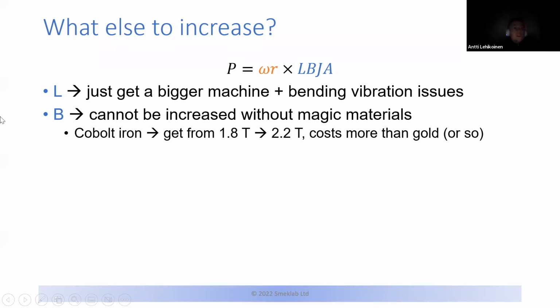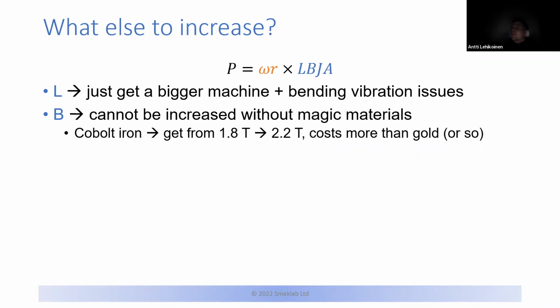Well, it's something that you simply cannot increase because the flux in the air gap of the machine, remember this is the air gap flux density, has to go somewhere, and that somewhere is the iron of the stator. And on the iron side, we have material limitations, how much flux density the iron can carry, so to speak.